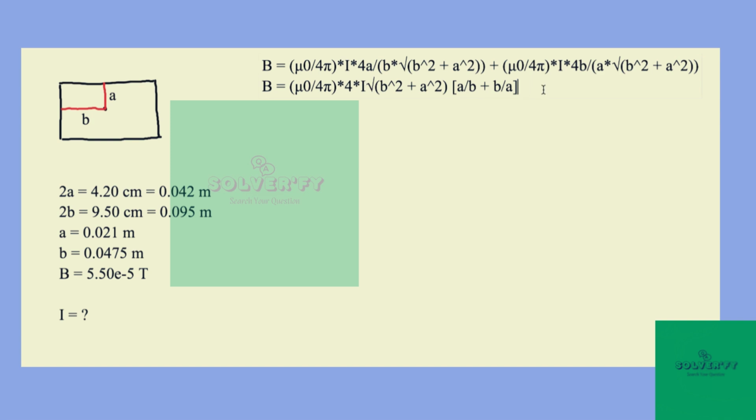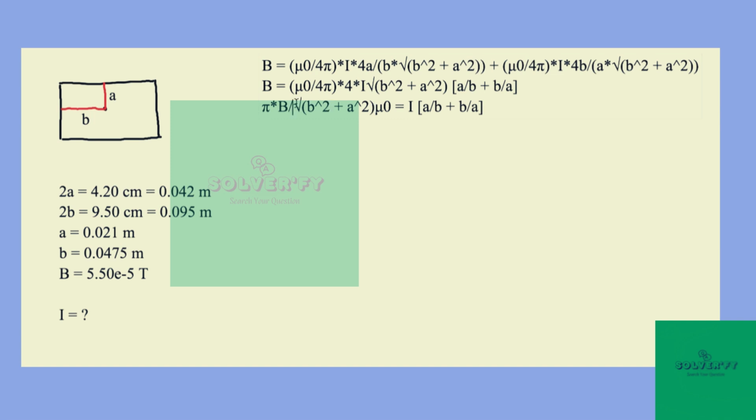So let's start by just pulling some terms over to this side. We're going to have I, well, let's just do it in a few steps to make it easier. So we're going to have 4 pi times B in the numerator here. That's going to get divided by this mu naught. So that's going to be equal to this whole thing over here. Now notice we have a 4 on both sides, so let's cancel out the factor of 4. We can divide both sides by this square root of b squared plus a squared.